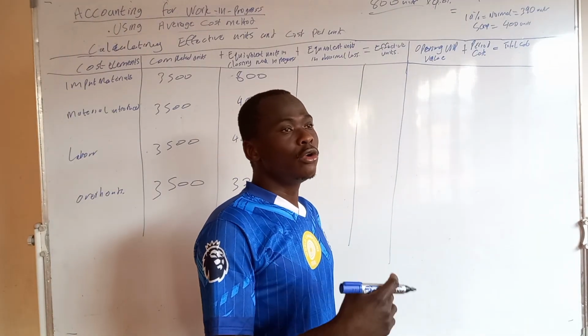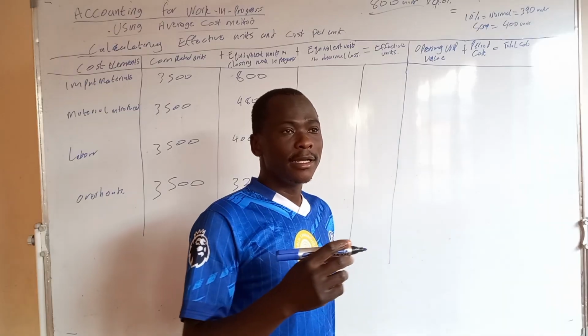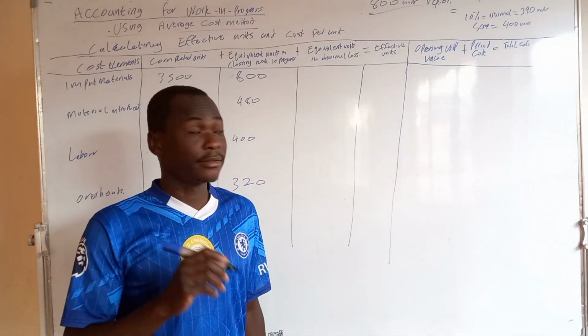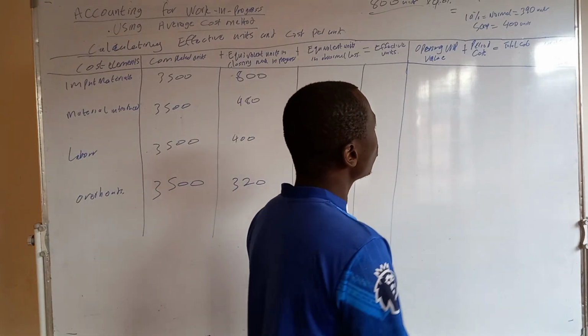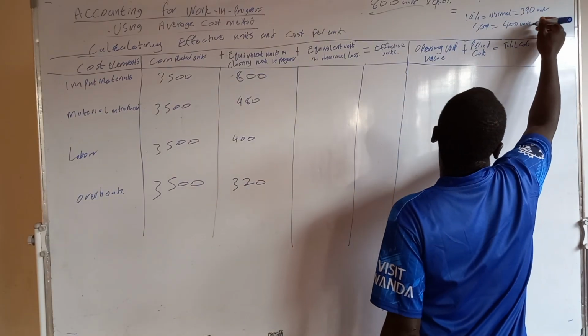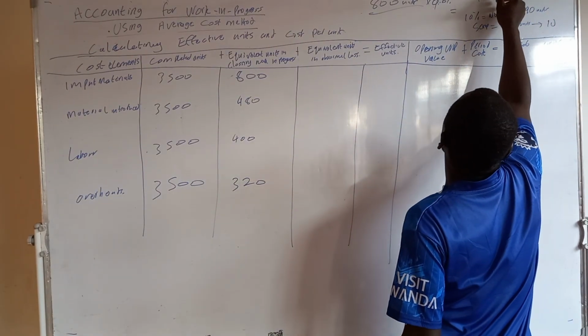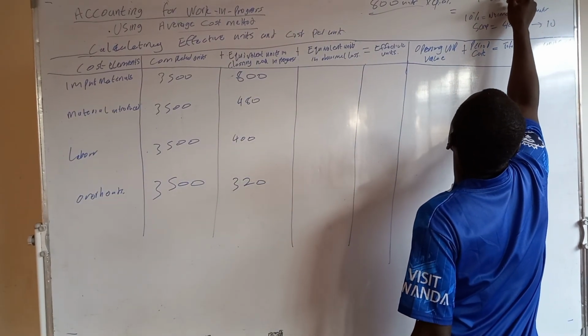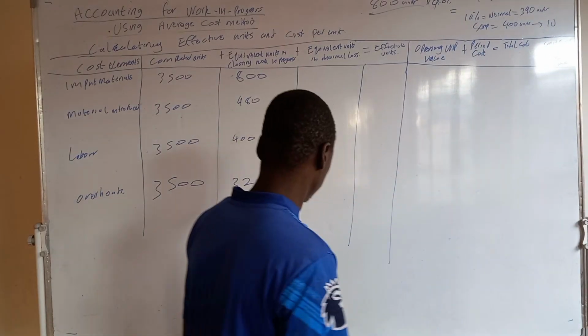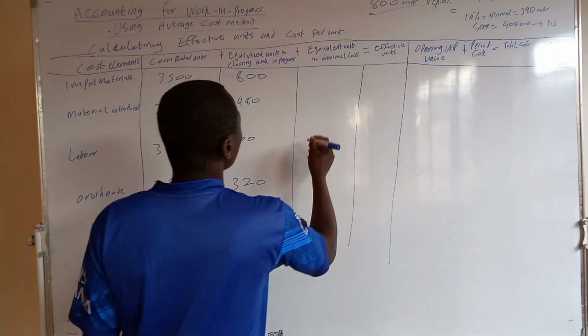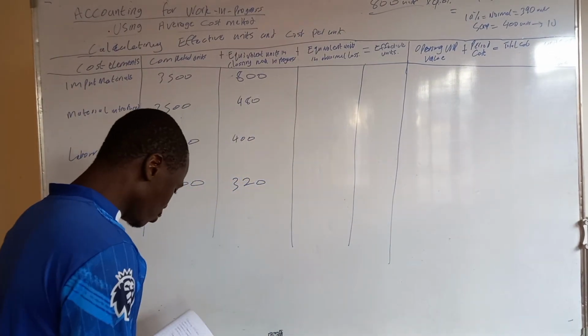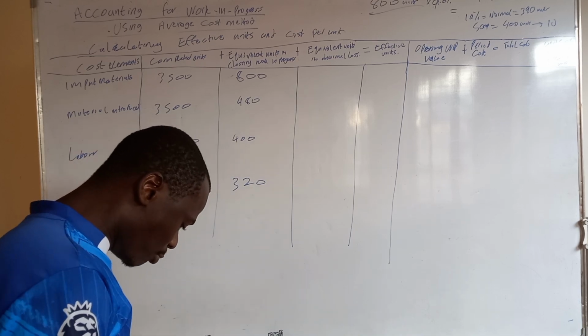Anything below normal loss is abnormal gain. So here, what is the difference? The difference here is 10, and that is what we have in units. Okay? So we had 10 units.